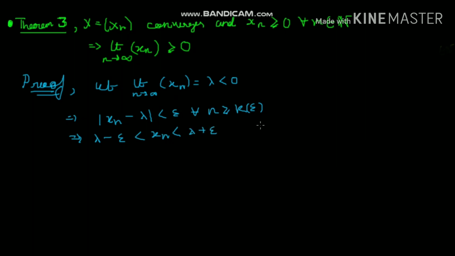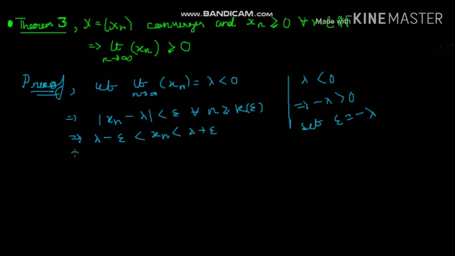Now, we know that lambda is less than 0, so it is obvious that minus lambda is greater than 0. And since epsilon is positive and arbitrary, we can obviously set epsilon to be minus lambda.